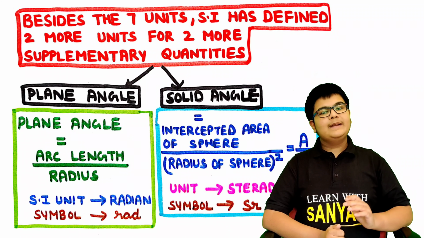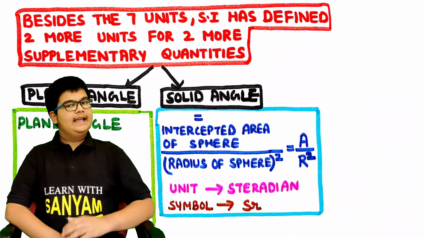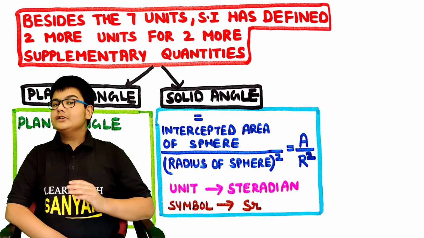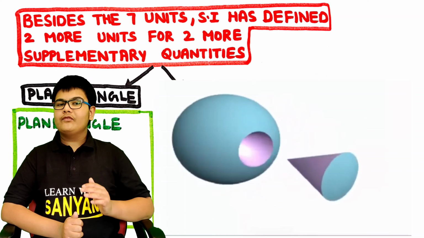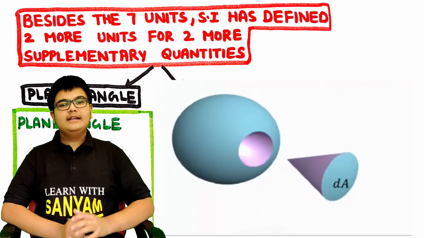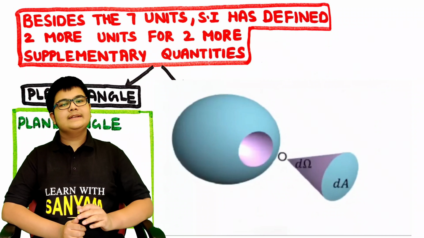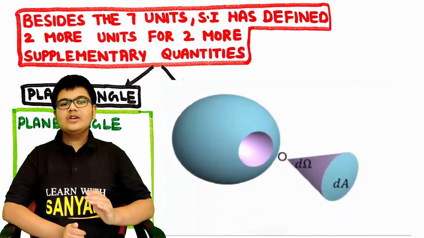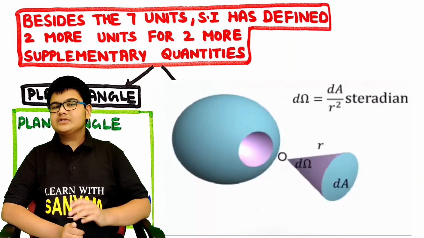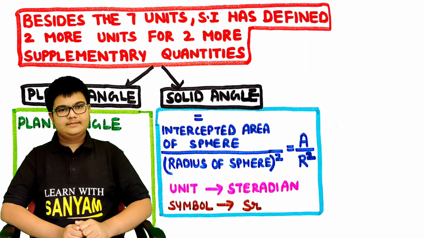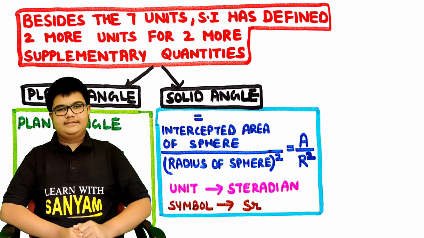The SI unit of plane angle is radian and its symbol is rad. The second physical quantity is solid angle. Take a sphere and cut out a cone from it. The solid angle is the area of the sphere which has been cut out by the cone, divided by the square of the radius of the sphere. So basically, area intercepted upon radius square is known as solid angle. The unit of solid angle is steradian and its symbol is sr.